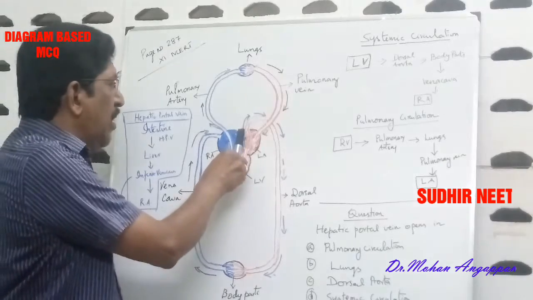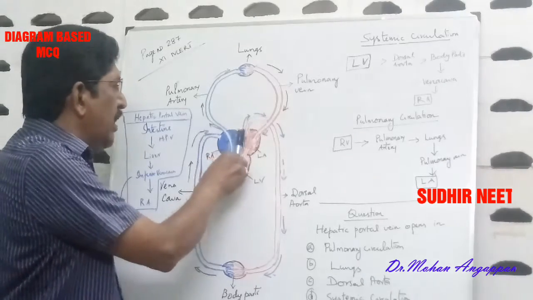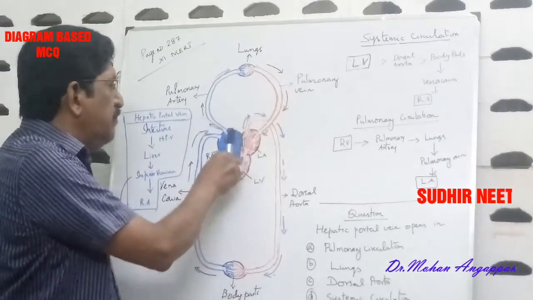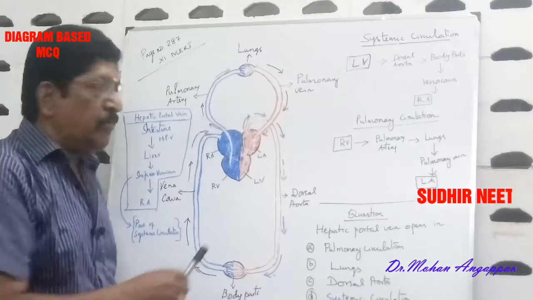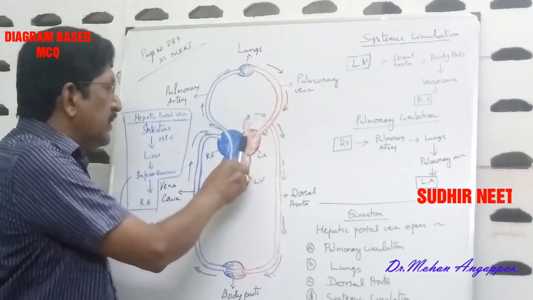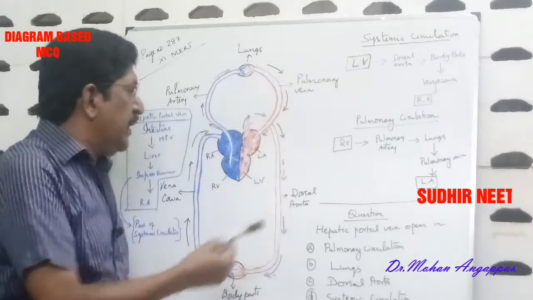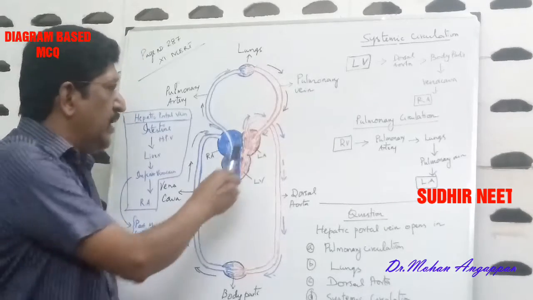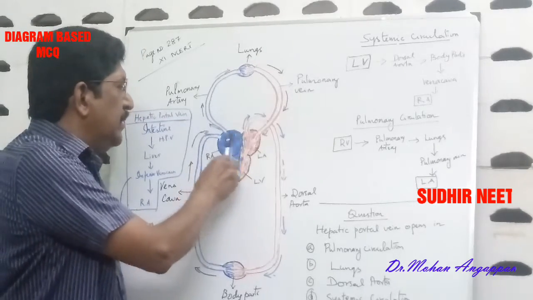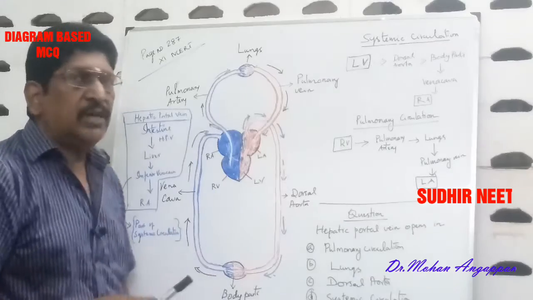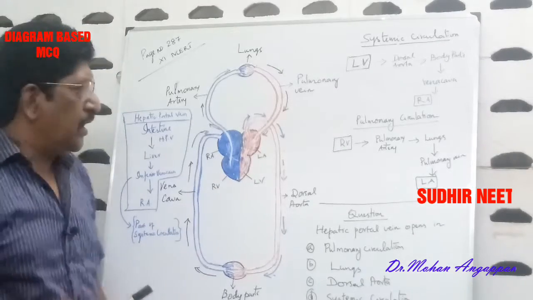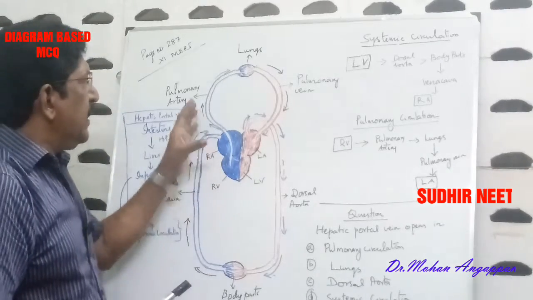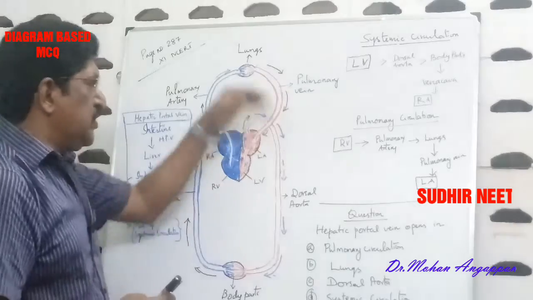If you see the heart, the right side of the heart contains impure blood, that is marked as blue. The left half of the heart contains pure blood. You must know this. The right side of the heart contains impure blood, left side of the heart contains pure blood. Okay. Now I'll explain the circulation.